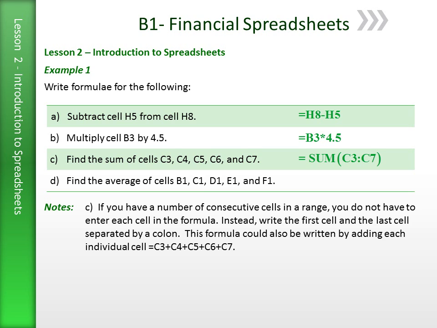For D, find the average of the cells B1, C1, D1, E1, and F1. We would type in the equal sign, then type out AVERAGE, bracket, B1, colon, F1, close bracket.